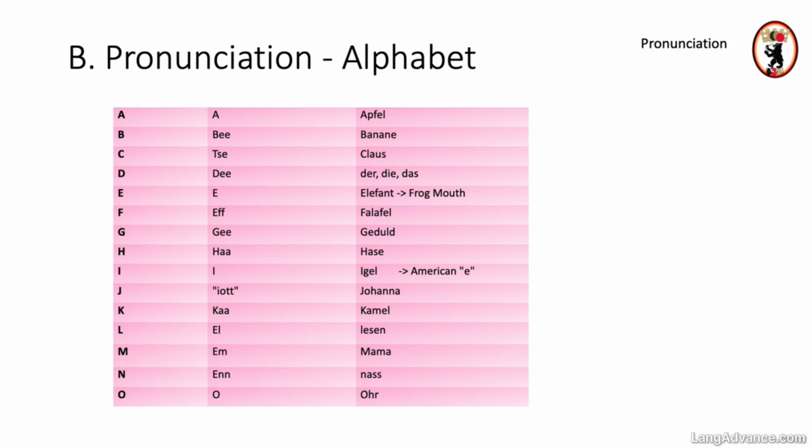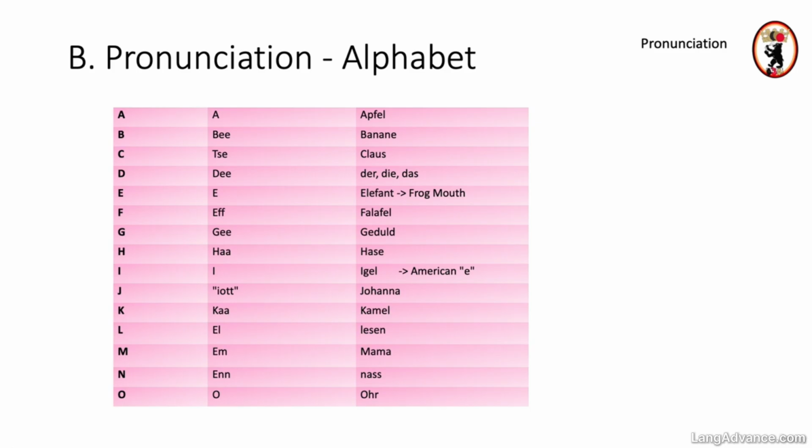A, Apfel, apple. B, Banane, banana. C, Klaus. And for the C, the TS has to be strong, like a snake. C. D, der, die, das, the.